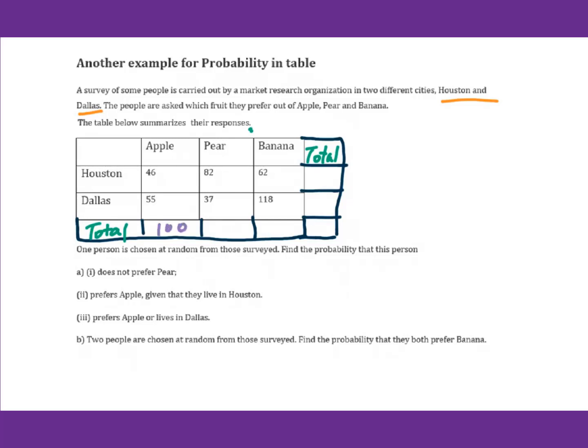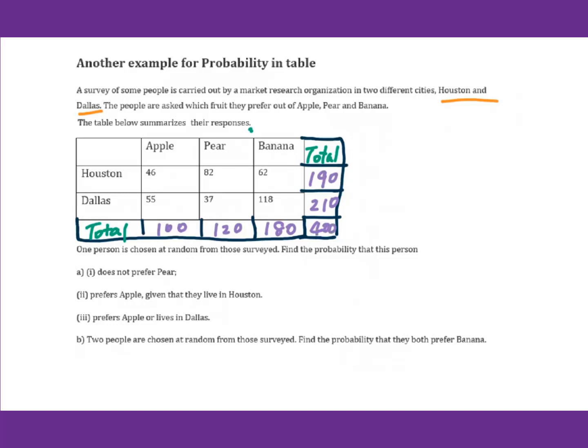We add, that's 100. This is 120, 180, 190, 210, 400.